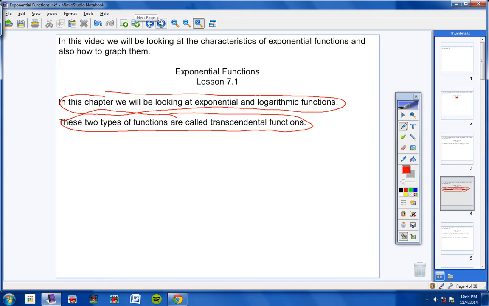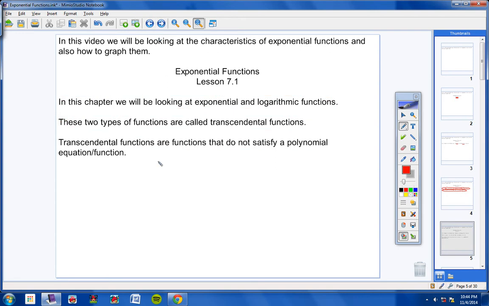I'm also going to let you know this, but you do not need to write this in your notes either. Transcendental functions are functions that do not satisfy a polynomial equation or a polynomial function. For example, remember, a polynomial function is a linear function or a quadratic function or a cubic function or a quartic function, and so on and so forth.